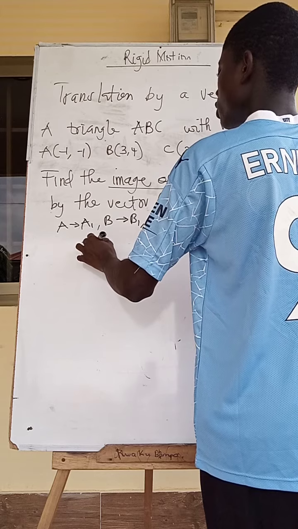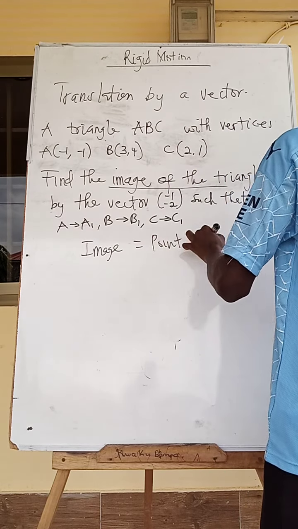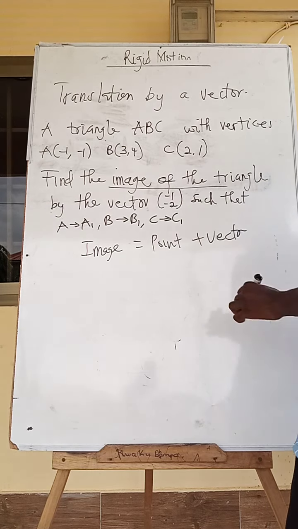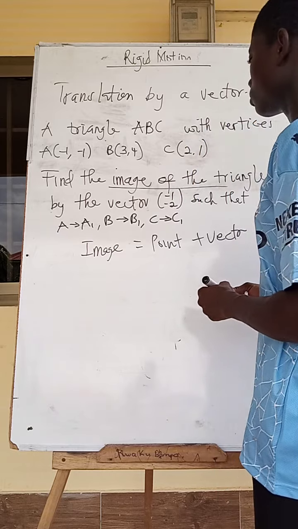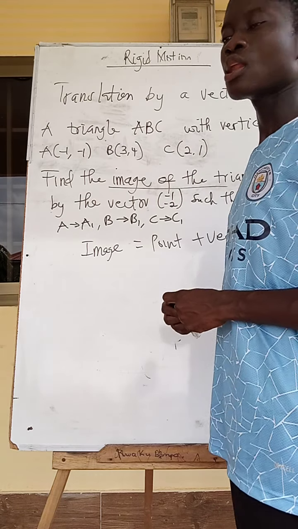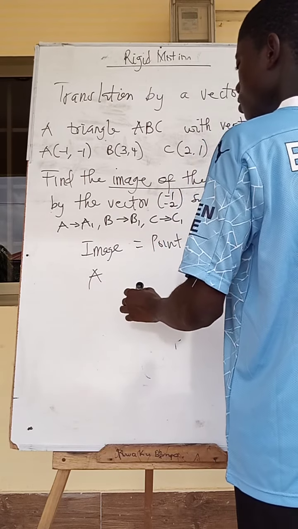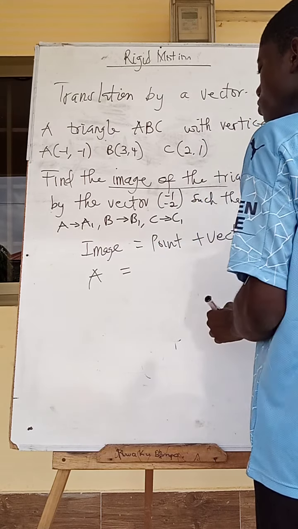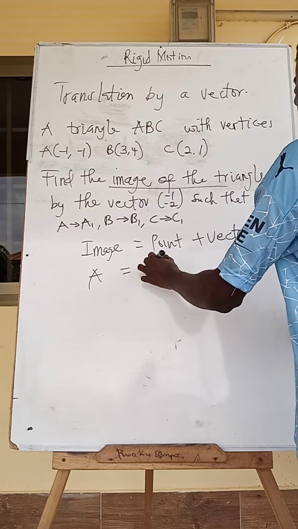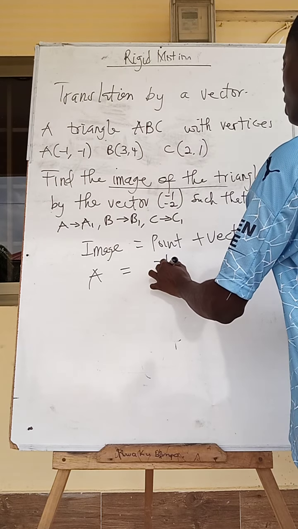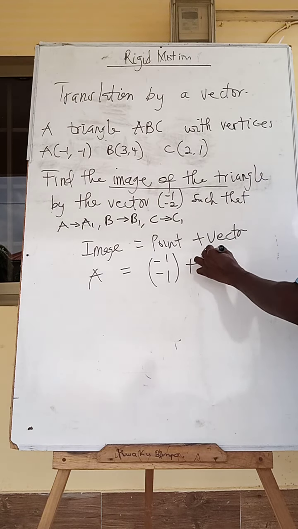So you just have to write your image equals your point plus your vector. Let's take the first one. You take A and you are corresponding A to A1. So the point for A is (-1, -1), and the vector, we are using the same vector.